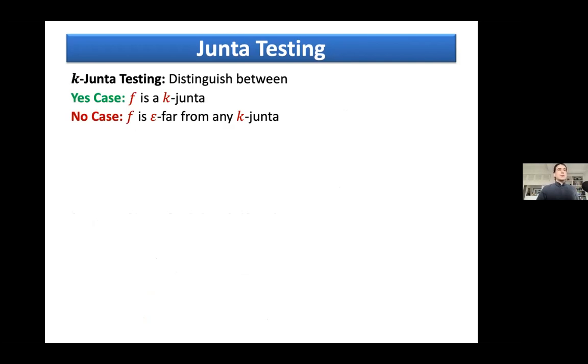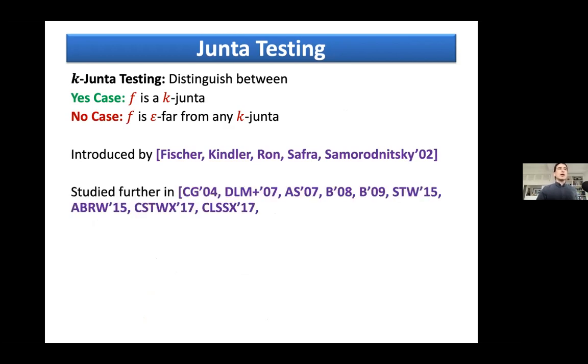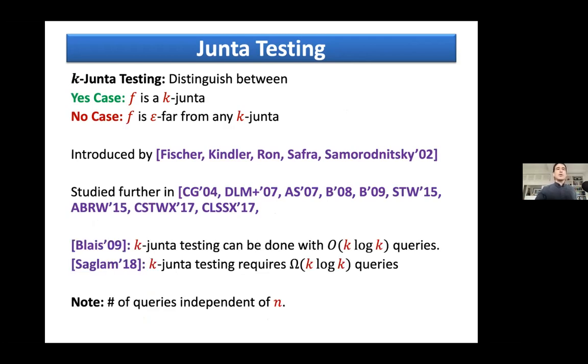So this is a very well-studied problem in property testing, and it was introduced by the work of Fischer et al. A long line of work followed, and by now we know the optimal upper and lower bounds for this testing problem. We know that we can test whether a function is a k-junta with order k log k queries. This is due to a work of Eric, who is on the call, so hi Eric.